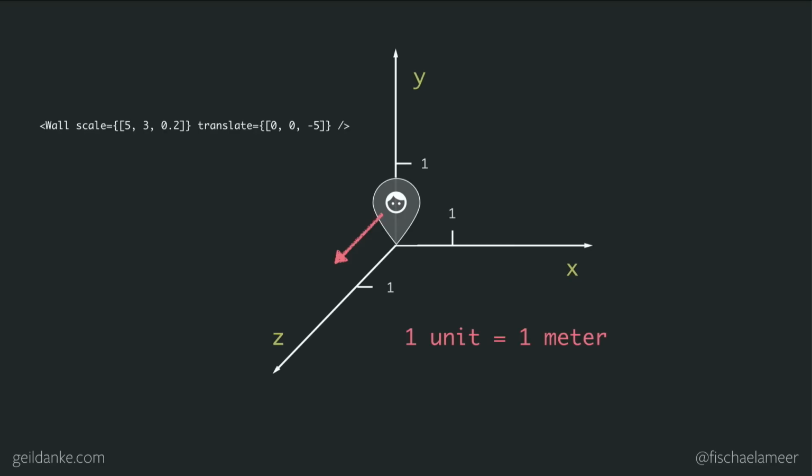And then 1 unit, or more precisely 1 distance or dimensional unit, corresponds to 1 meter. This is why we have to set the wall in front of the user to -5 meters in z direction.